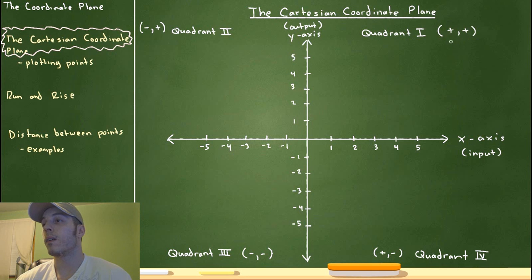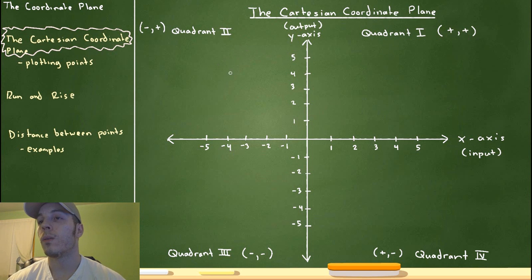So if you're new to this notation, you have parentheses, your x variable would go here, and then comma, your y variable would go in the second spot. Okay. So quadrant 1 represents where x and y are both positive.